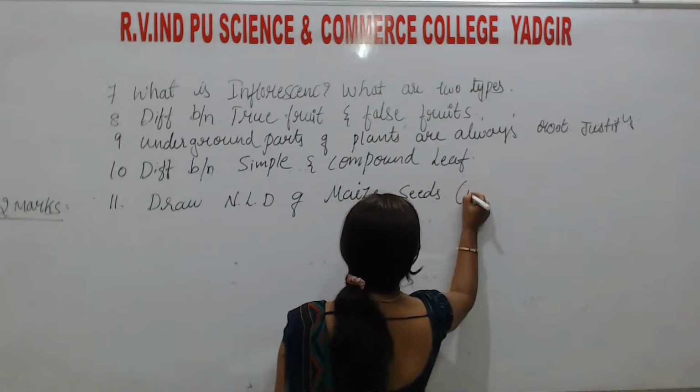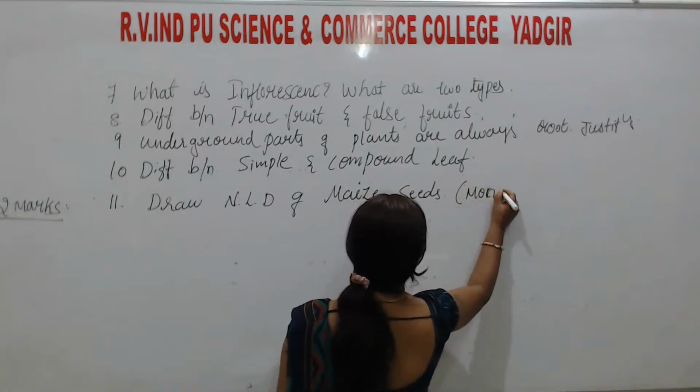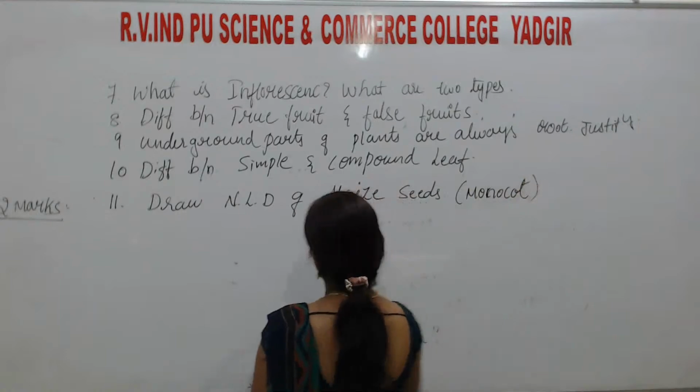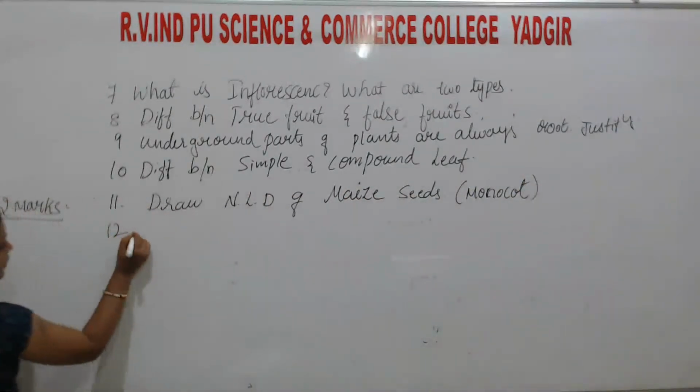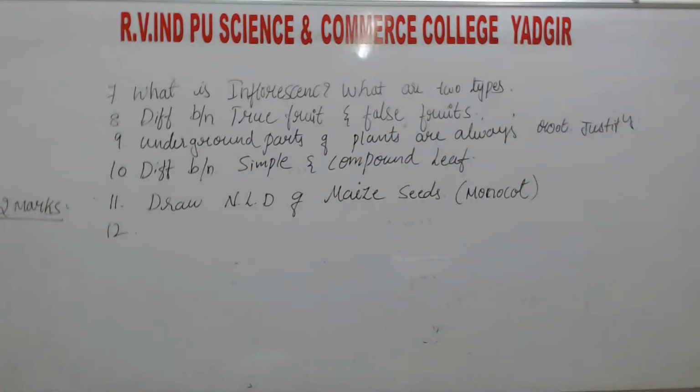Maize is nothing but monocot, so you have to draw the monocot diagram.